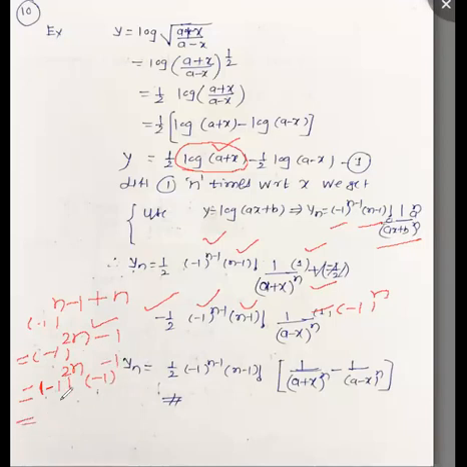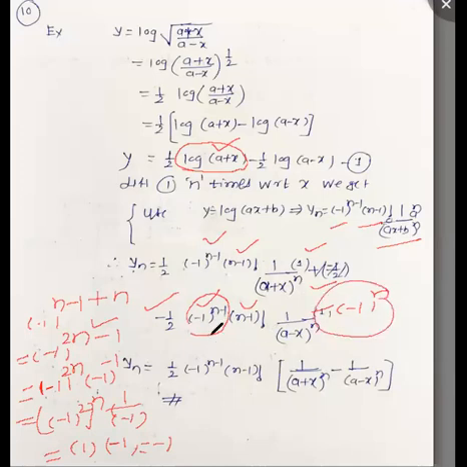Now we simplify this: minus 1 square, power n, into this we write as minus 1 in the denominator. Now minus 1 square is plus 1, power n is 1, and 1 upon minus 1 is minus 1. So the resultant is minus 1. So when we simplify this, we get minus 1. So minus 1 and this minus half, it will be plus 1.